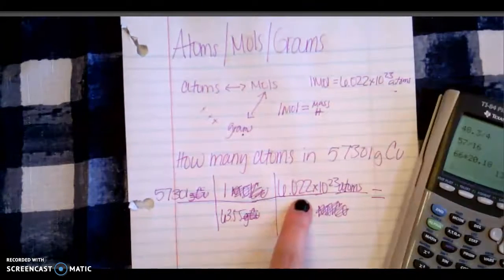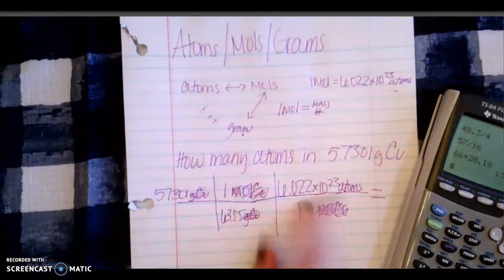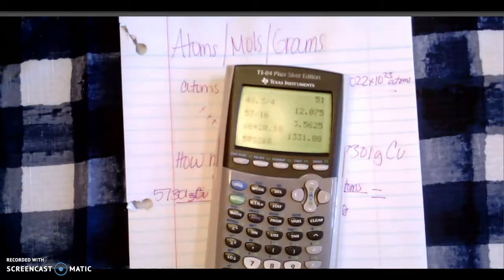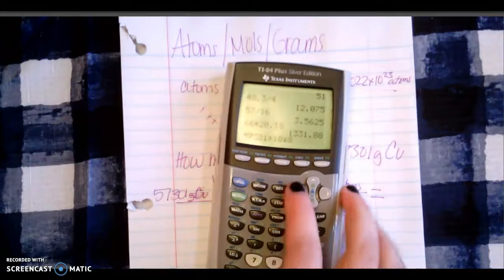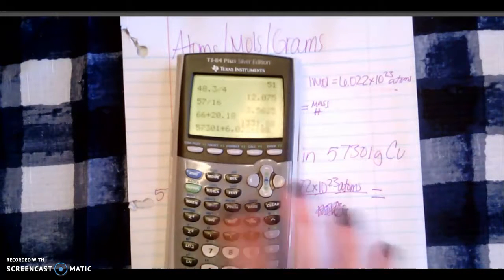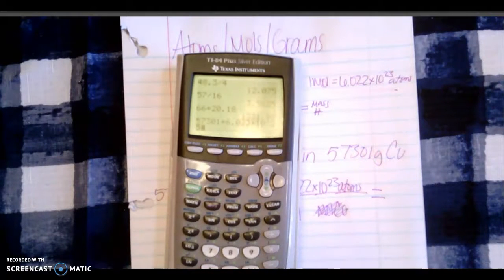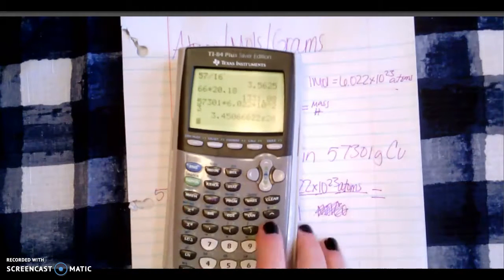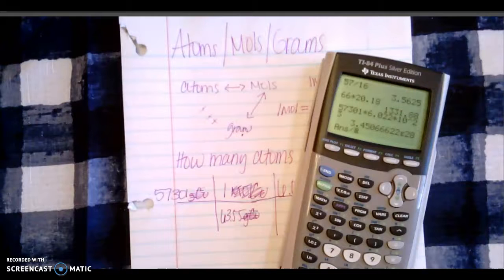Whenever I'm dealing with this big number, I don't like to mess around a lot with it, so I'm going to go 57301 times 6.022 times 10 hat 23. And I'm going to hit enter because I don't want to accidentally do something crazy. So that gives me that number. Then I'm going to hit divided by 63.55 equals. And it gives me this number.